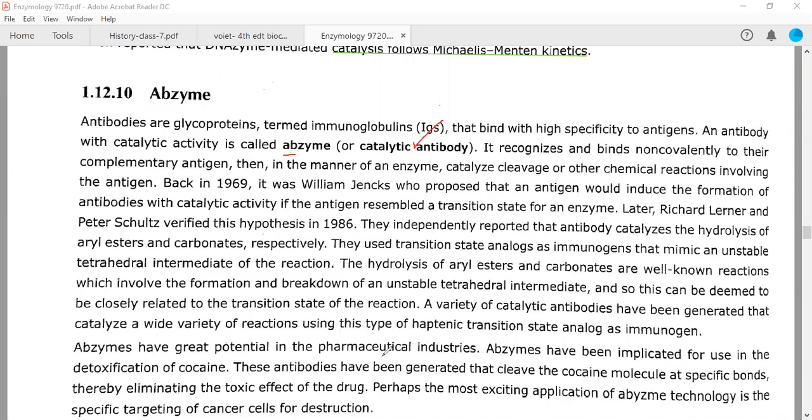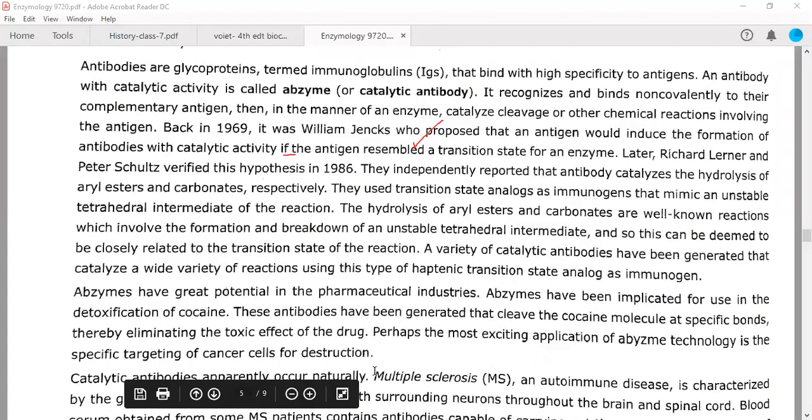I will discuss one, which is multiple sclerosis. What will happen in multiple sclerosis? It is a kind of autoimmune disease. If someone has multiple sclerosis, specific antibodies will be formed, and these antibodies will start degrading the myelin sheath. You know the myelin sheath, which insulates your neurons.